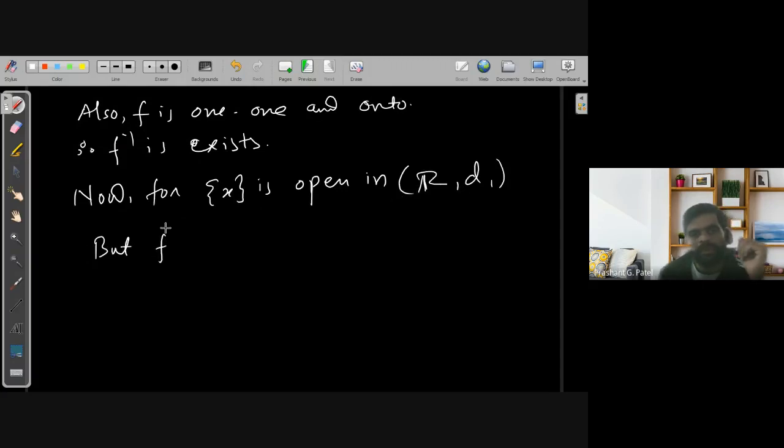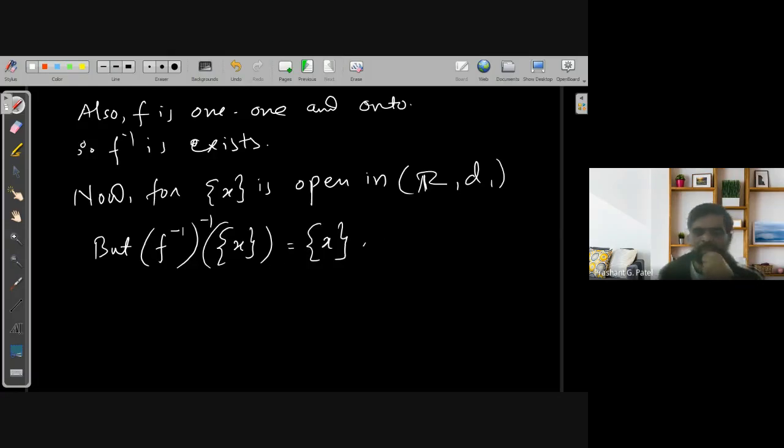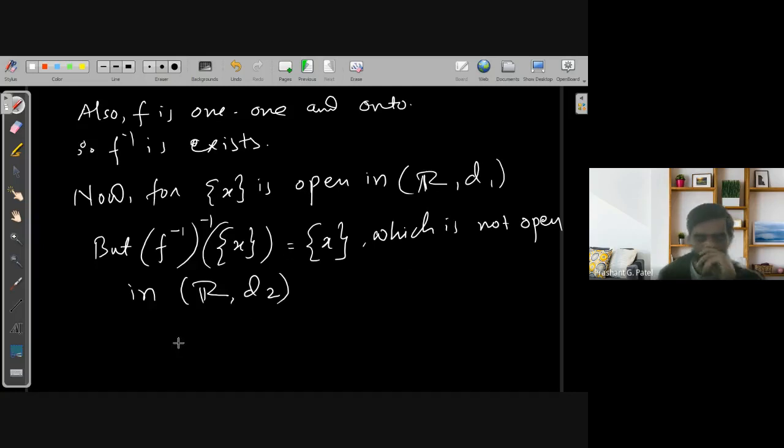But the inverse image of this, that is f inverse of the singleton set {x}, will be the singleton set {x}, which is not open in (R, d2) with the usual metric. So therefore f inverse is not continuous.